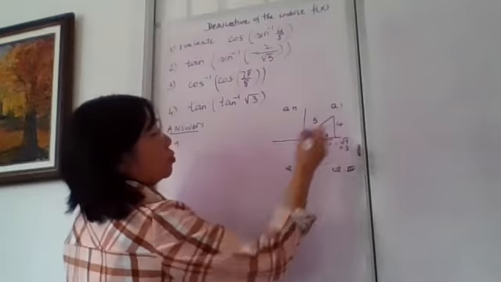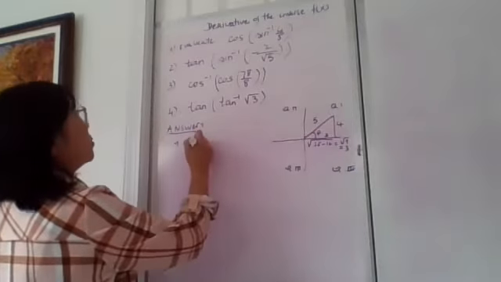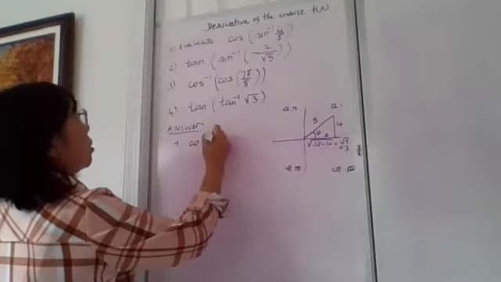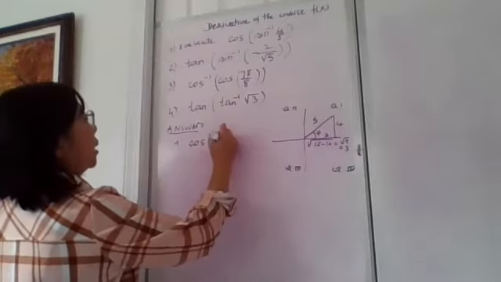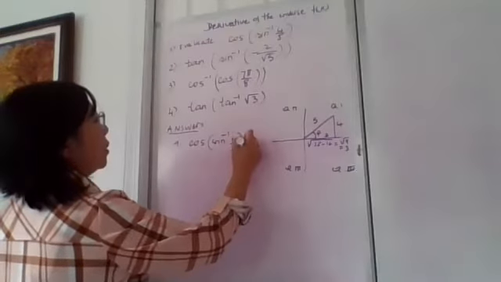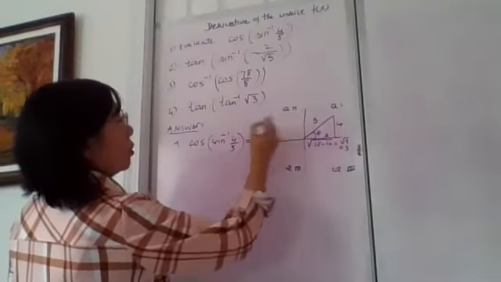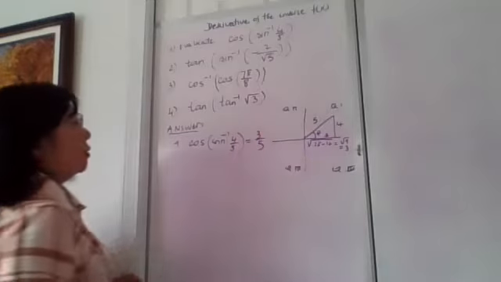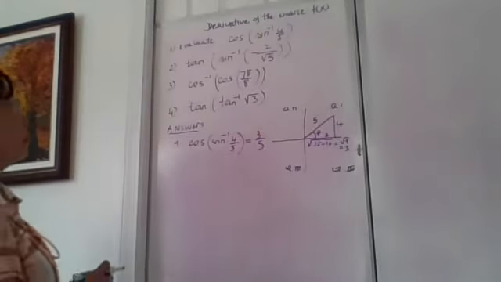So this length equals 3. So answer 1, cos of inverse sine of 4/5 equals 3/5. That's the answer. That's how you evaluate it, right?